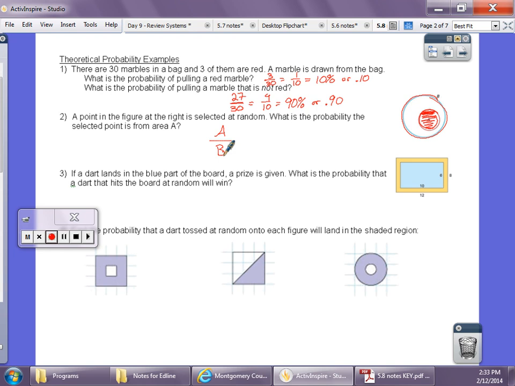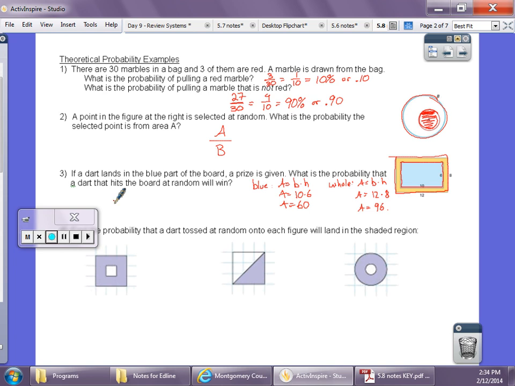Well, this is the blue part. The area of the blue part: area equals base times height, so area equals 10 times 6. So the area of the blue part is 60. And the whole is this. The whole, once again, is area equals base times height, 12 times 8, which is 96.